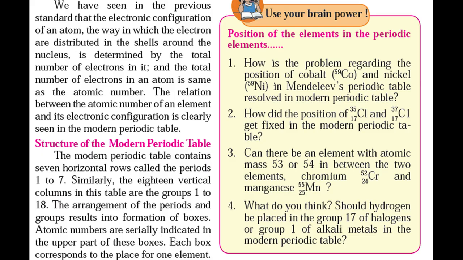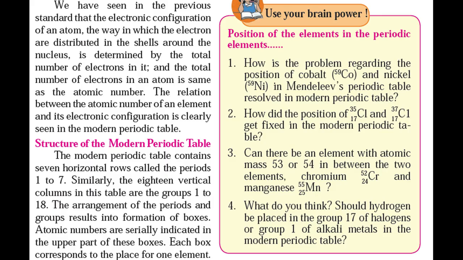Now, structure of the modern periodic table. The modern periodic table contains 7 horizontal rows, and these horizontal rows from left to right are called periods, and they are 1 to 7. Similarly, the 18 vertical columns from above down in this table are called groups, and they are 1 to 18.